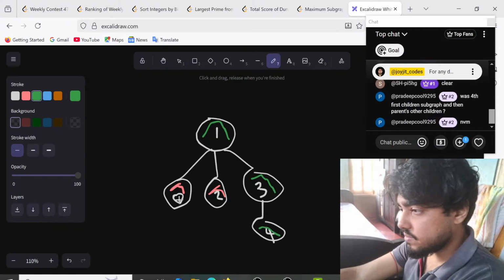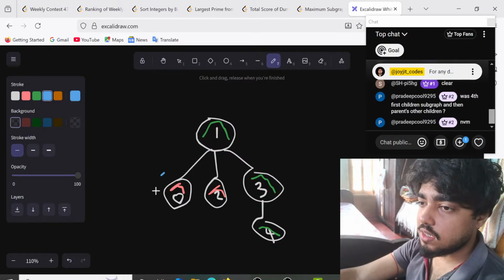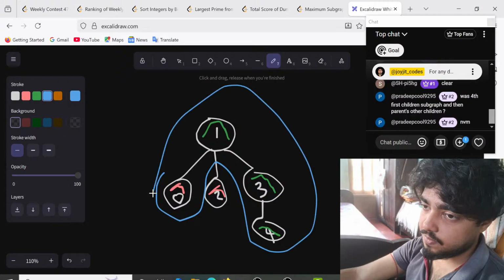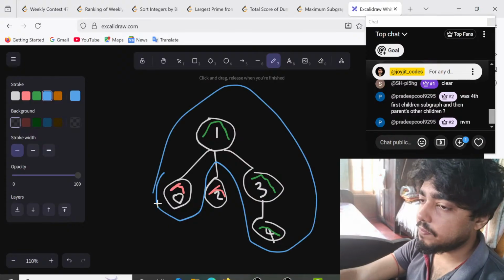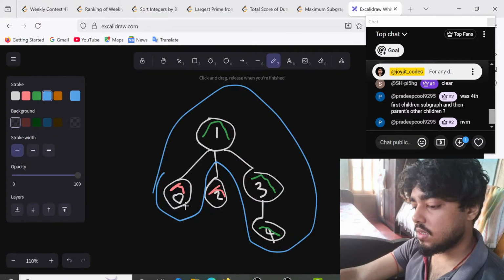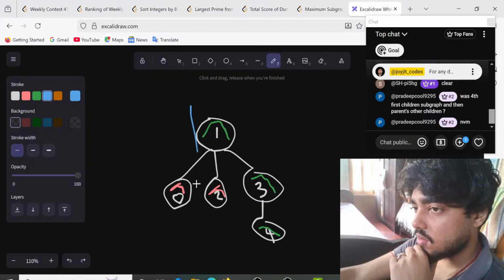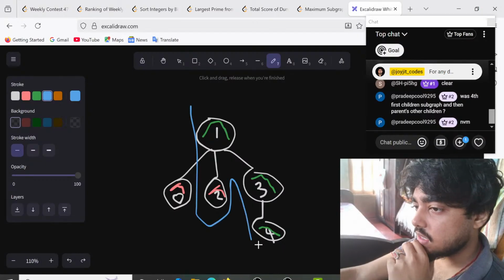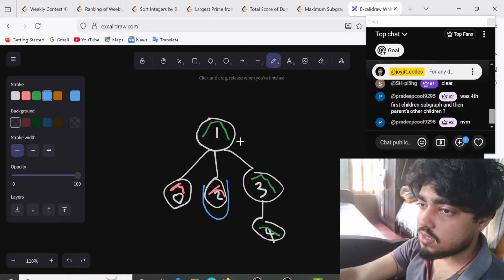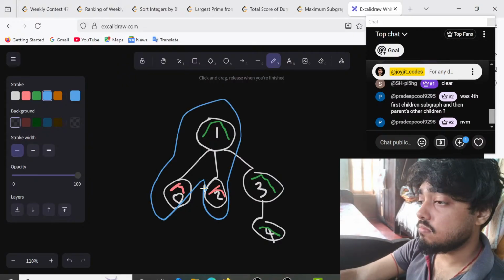Okay. So if you check this 0, and if you consider the subgraph of this, this is the maximum that you can get the score from, because the score of this is 3 minus 1. If you consider 2, it's the same thing. Well, in 2, you can't consider this, because that will lead to the score of minus 1.